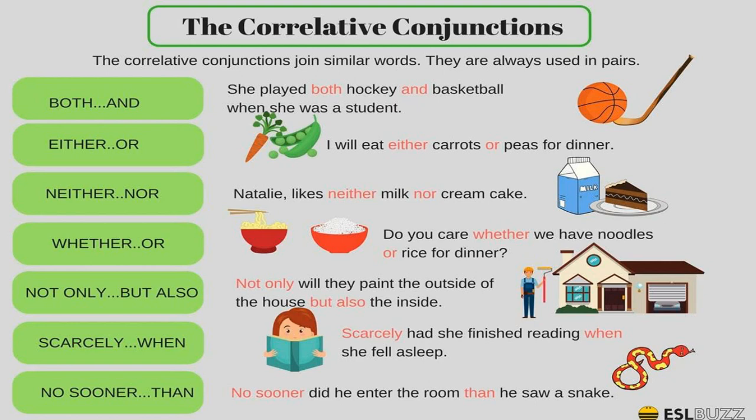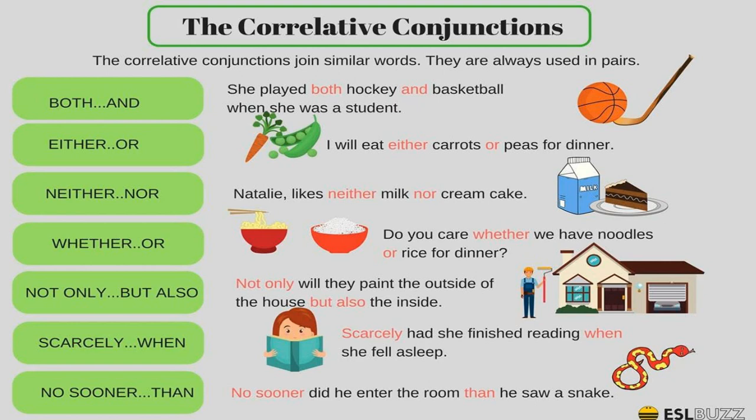Both and. To make the use of correlative conjunctions very clear, I have just taken out this picture. She played both hockey and basketball when she was a student.